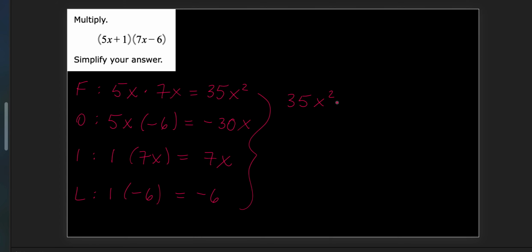So 35x squared minus 30x plus 7x minus 6. And you just look, and usually, not always, you'll see later that you can combine those middle terms. They'll be like terms. So 35x squared, and then you have minus 30 plus 7, so negative 23x minus 6. And that's it.